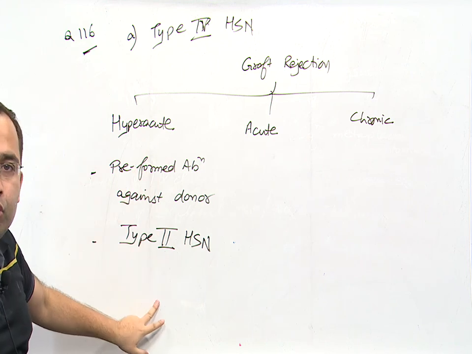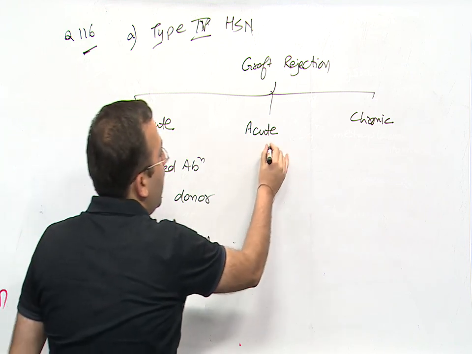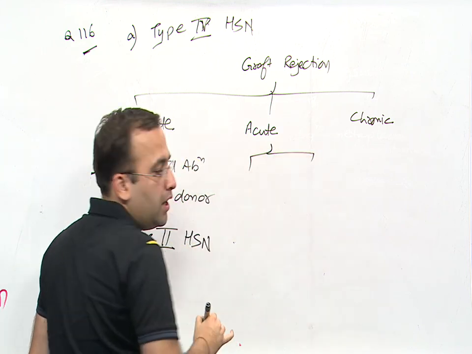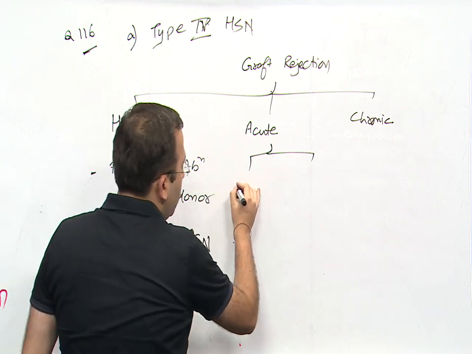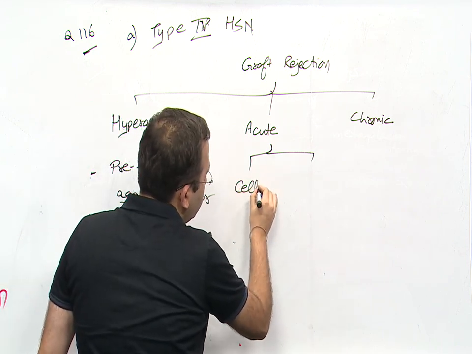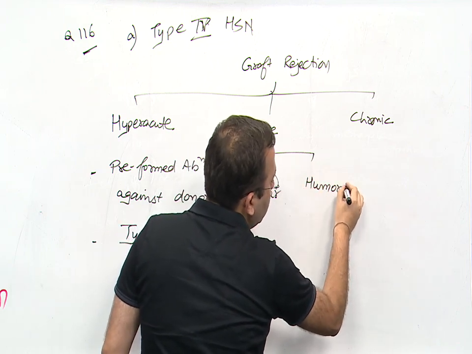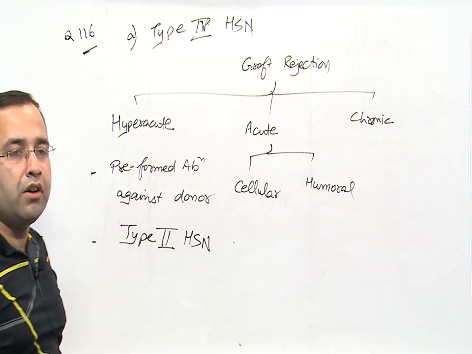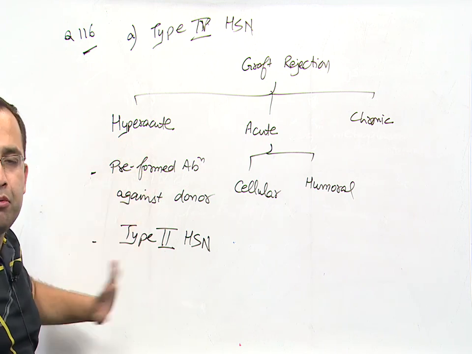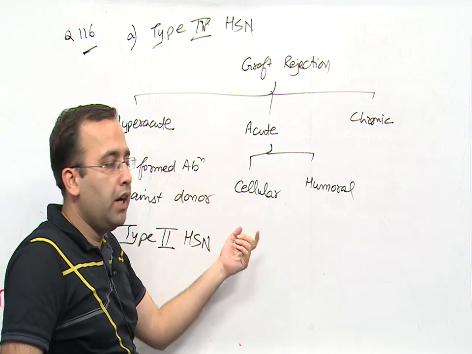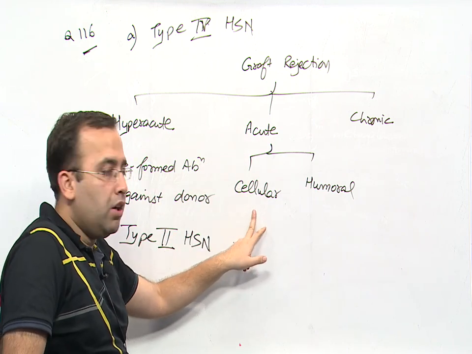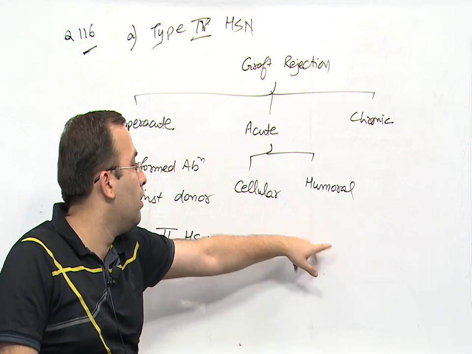Hyperacute, type 2 hypersensitivity. Acute graft rejection is of two types: it can either be a cellular graft rejection or a humoral graft rejection.